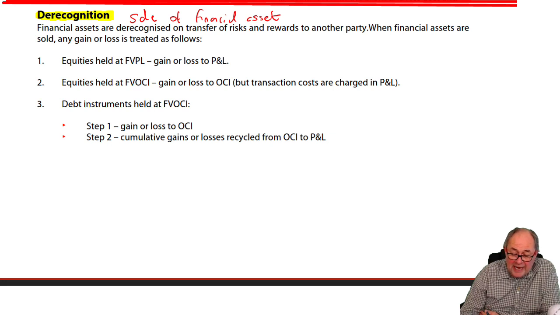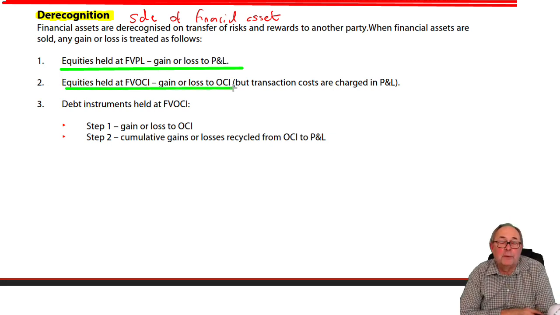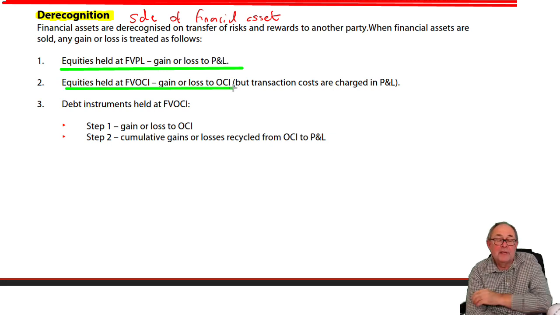If you've got shares and you hold them at fair value through profit and loss, gain or loss in P&L. If you've got shares and you've made an irrevocable election to actually put the gains or losses into OCI, then gain or loss goes into OCI, apart from the transaction cost.